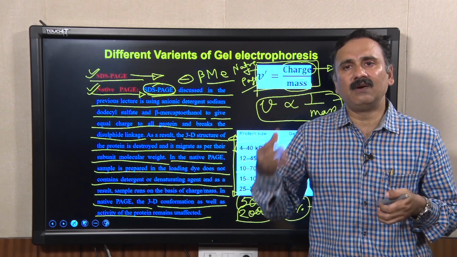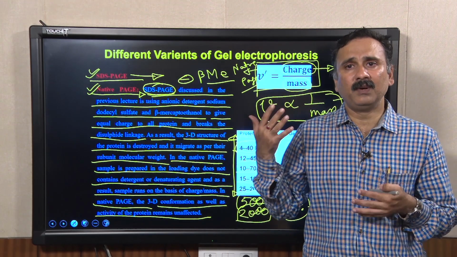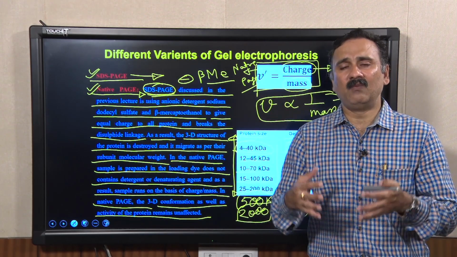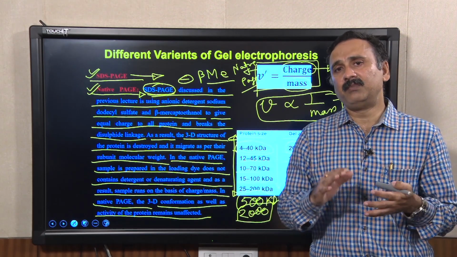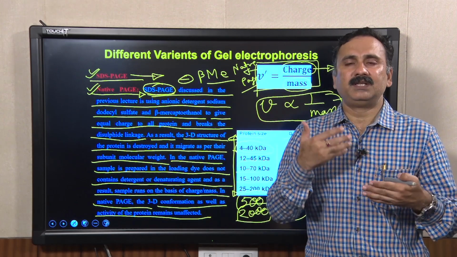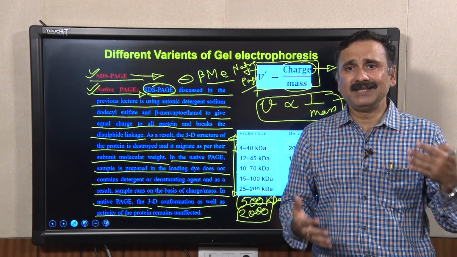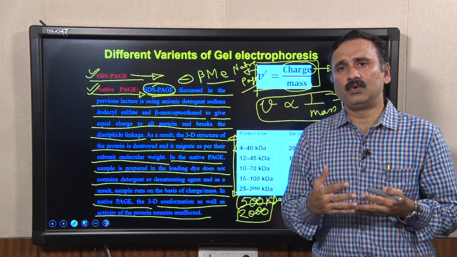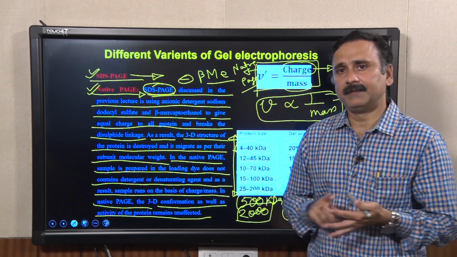It is not enough to give you a gel which can be manipulated in a simple way. So, to solve this problem of very large proteins and protein complexes, people have developed a new gel electrophoresis technique, where they use multiple gels, and that is how they are able to resolve these high molecular weight proteins.